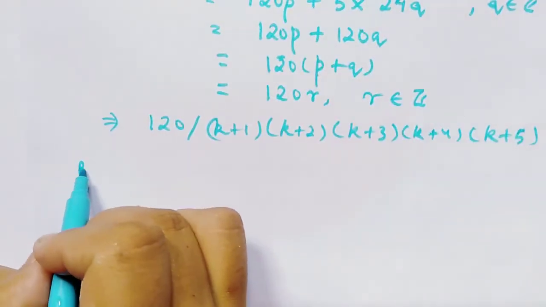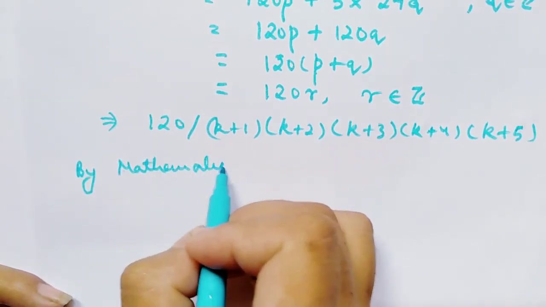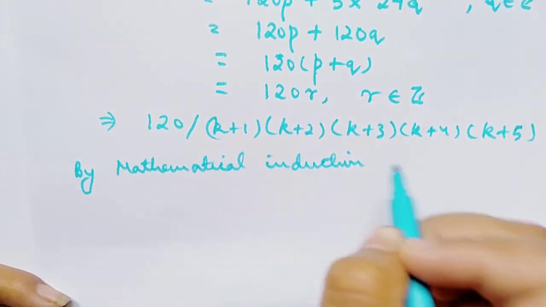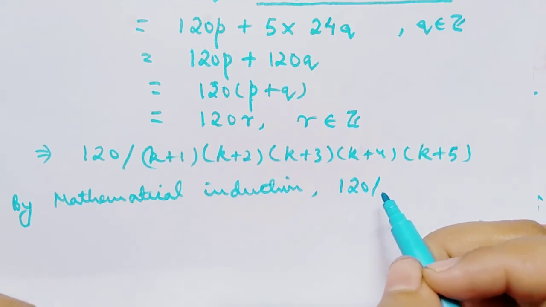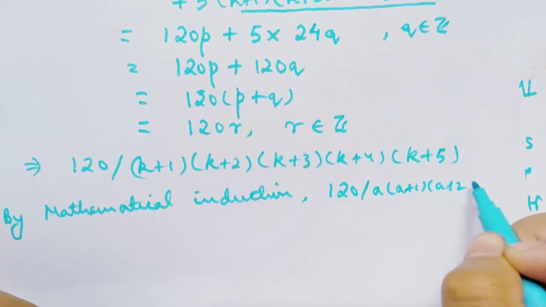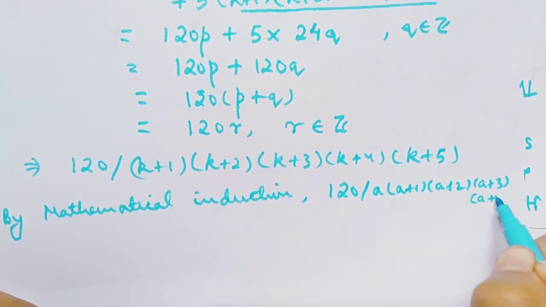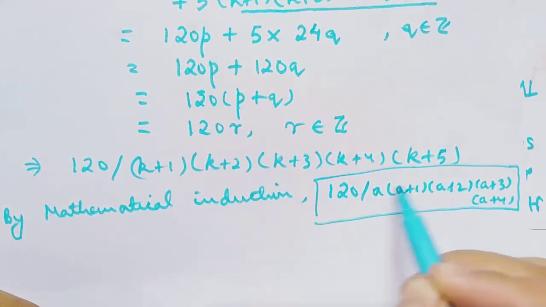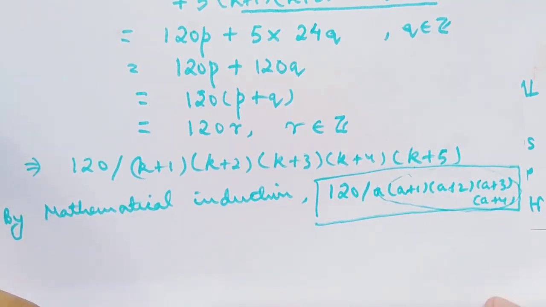So by mathematical induction, we conclude that 120 divides the product of 5 consecutive integers, a plus 1, a plus 2, a plus 3, a plus 4, a plus 5. The product of any 5 consecutive integers is divisible by 120.